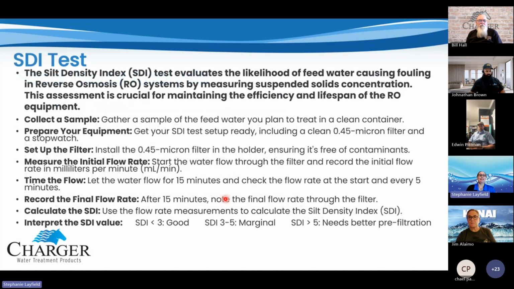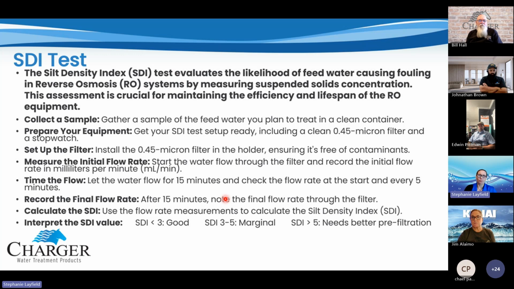The SDI test stands for Silt Density Index. This is something you can do more on site than having to send it off, but this is going to evaluate the likelihood of the feed water causing fouling. So this is our suspended solids concentration. This is going to help you maintain the life of the RO.